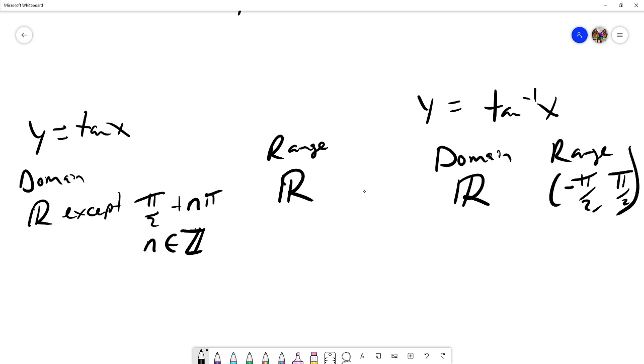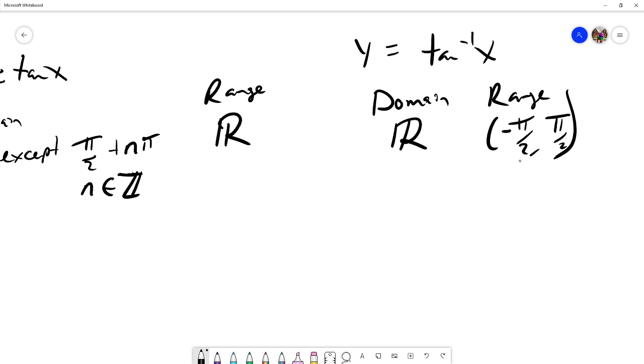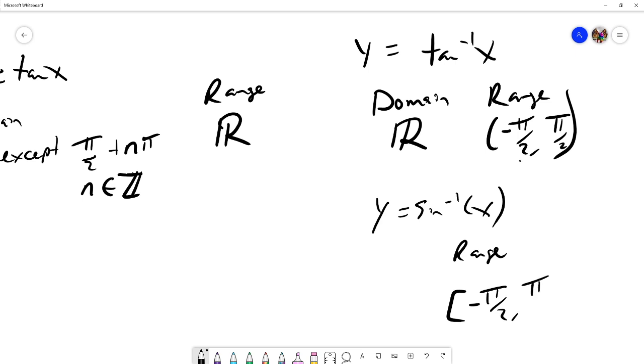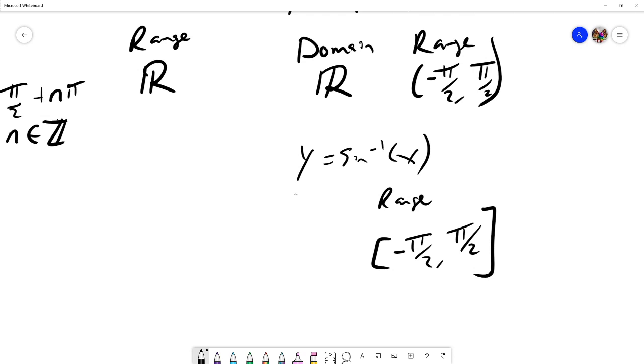And now, if you've been watching the previous two videos, you're going to ask the question, well, here I use parentheses, but if we recall for arcsine, we had a range of negative pi over 2 to pi over 2. So there is a conceptual difference here in notation. The parentheses signify an open interval.